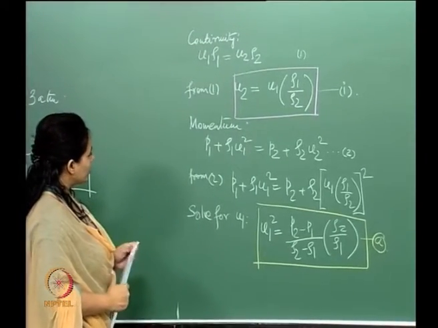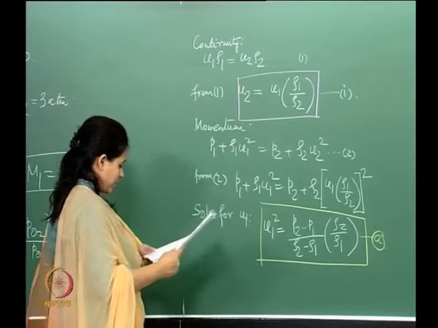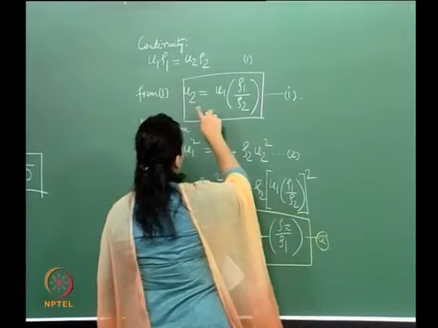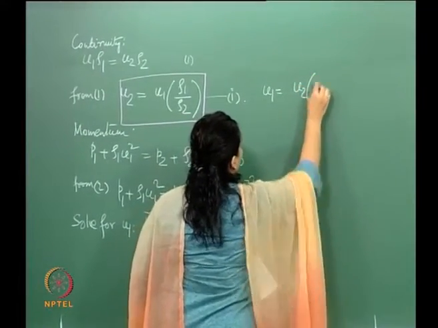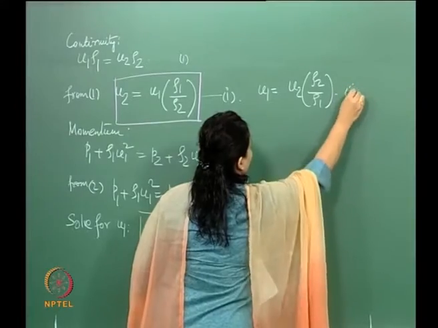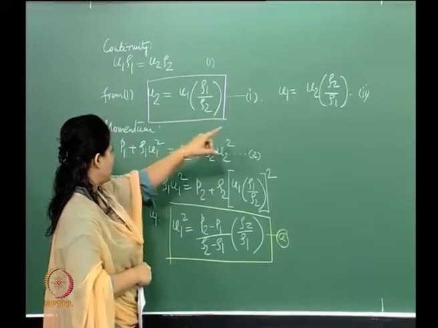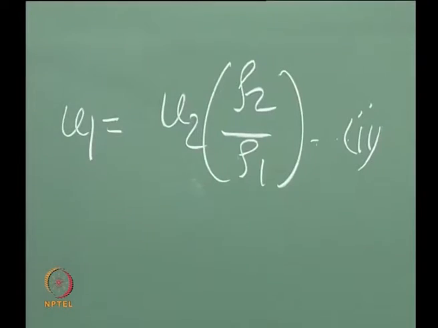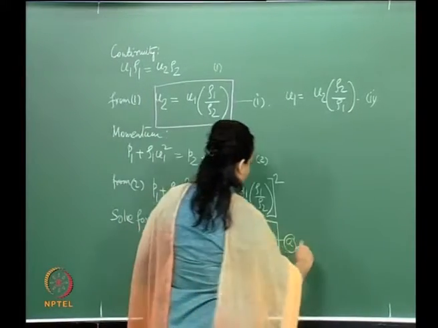Okay, now we'll do a similar thing. We'll solve similarly for u2. Okay, if we do that, so basically for that what we will do is we will write this equation in terms of u1. So we can also write this as, right, this is u1, and then into this equation we will replace u1 square by this expression, right, by this expression, and what we will come up with is then we will solve for u2, and what we get for u2 is this.